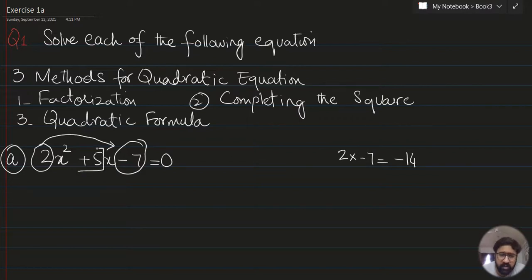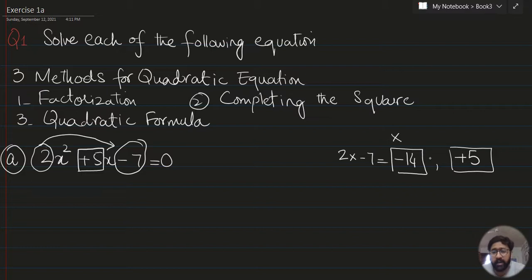The coefficient with x is plus 5. So what are you going to do now? You are going to choose two numbers such that they multiply and give you minus 14, and those same numbers, if you add or subtract them, give you a plus 5.